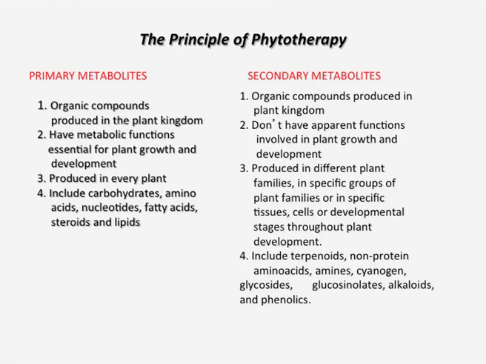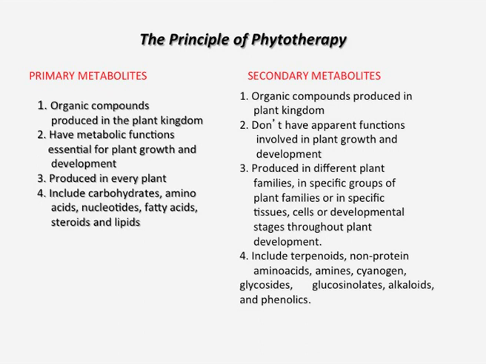How do plants get medicinal properties? The medicinal effects of plants are due to metabolites, especially secondary metabolites produced by the plant species. Plant metabolites include primary metabolites and secondary metabolites. Primary metabolites are organic compounds produced in the plant kingdom.